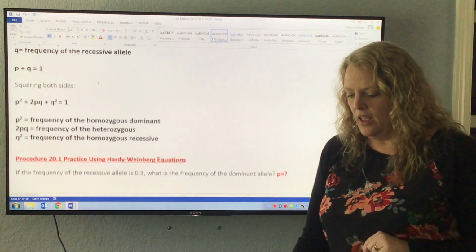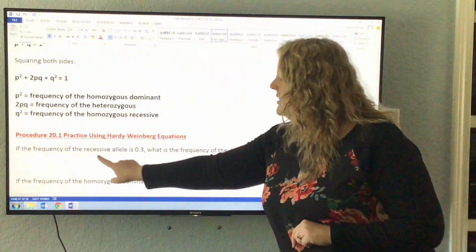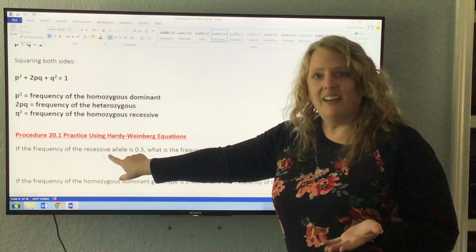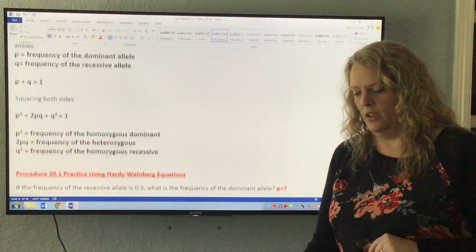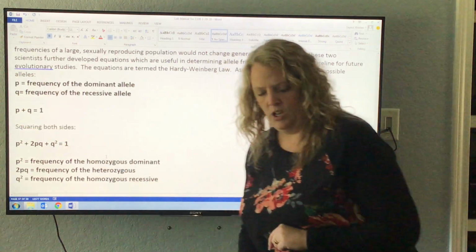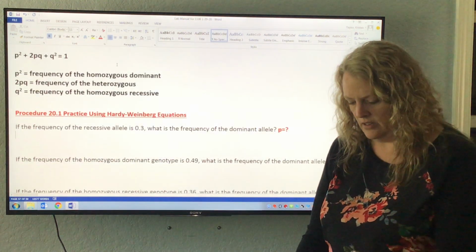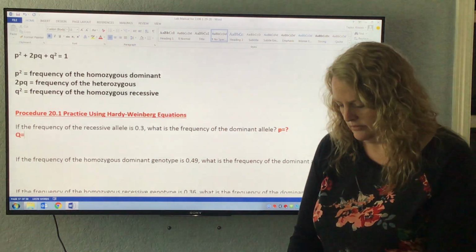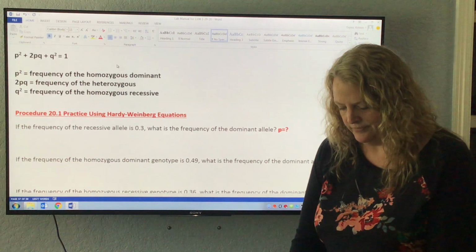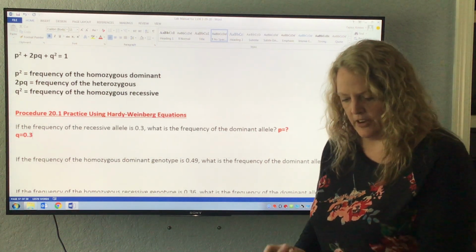Okay. What are we given in the problem? We're given the recessive allele is 0.3. So what letter is that going to be? The recessive allele is going to be letter Q. The Q is going to be 0.3.